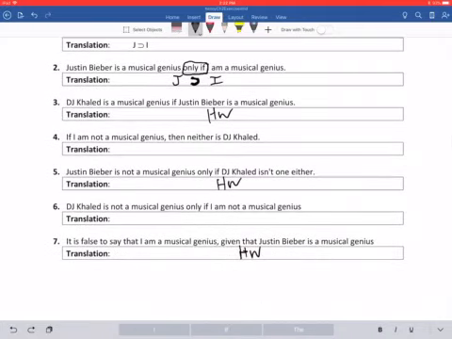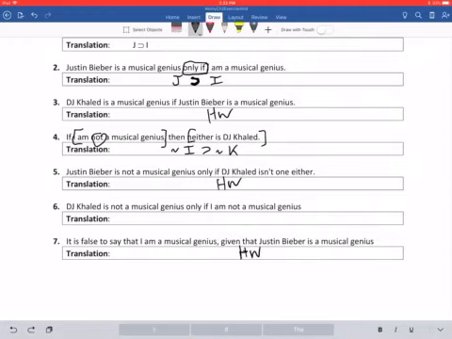Okay. 4, if I am not a musical genius, then neither is DJ Khaled. So again, we have an if, then, plain old if. So this is a not, so if not I, conditional. Then neither is means not K, right?